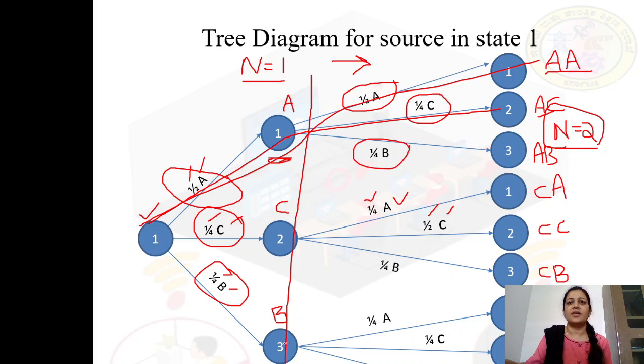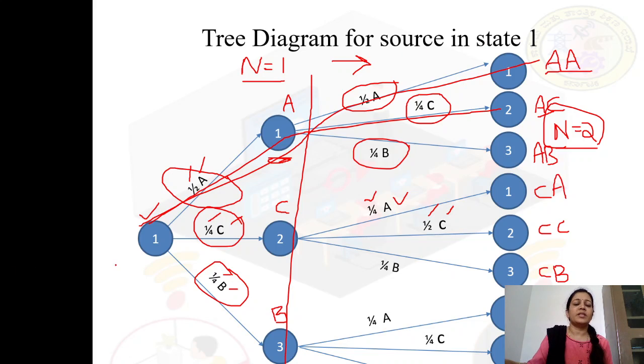When it is in state 3, it can go to state 1 or to state 2 or it can go to state 3. Note down the corresponding transition probabilities and the symbols emitted. And finally, you can write the sequence also: BA, and here it is BC, and then we have BB. So these are the sequences, the tree diagram for the source in state 1.